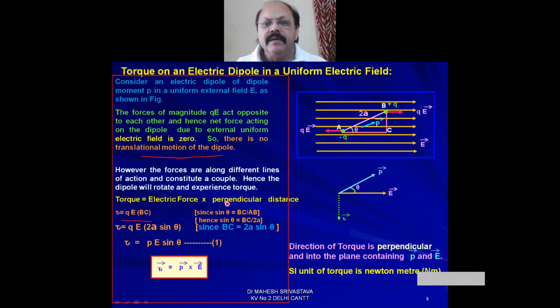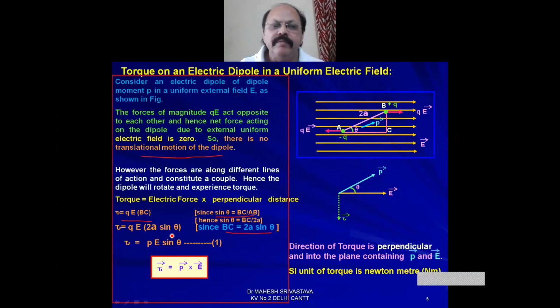And from the triangle ABC, you see it, sine theta equals perpendicular upon hypotenuse, that is BC upon AB, but AB equals 2a, so sine theta equals BC upon 2a, and then BC equals 2a sine theta.